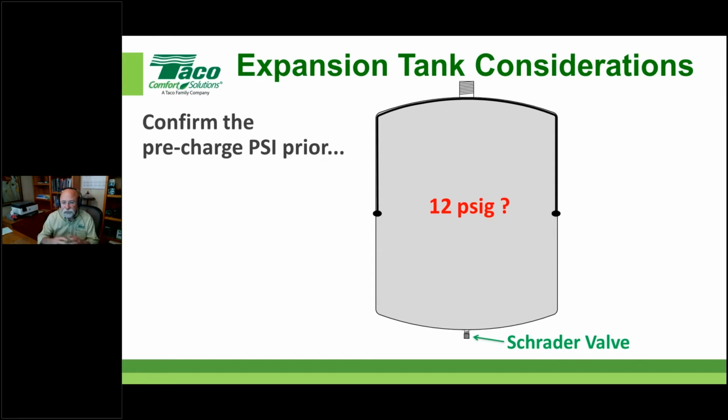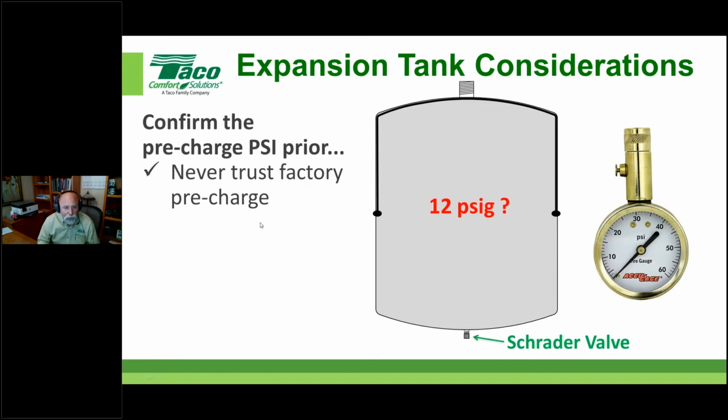Everything I'm talking about applies to commercial tanks as well, for the most part. So before you do anything as far as hooking up the tank, before you start twisting anything on this thread, there's a couple of things I want you to consider, and that's what these next little bullets are.